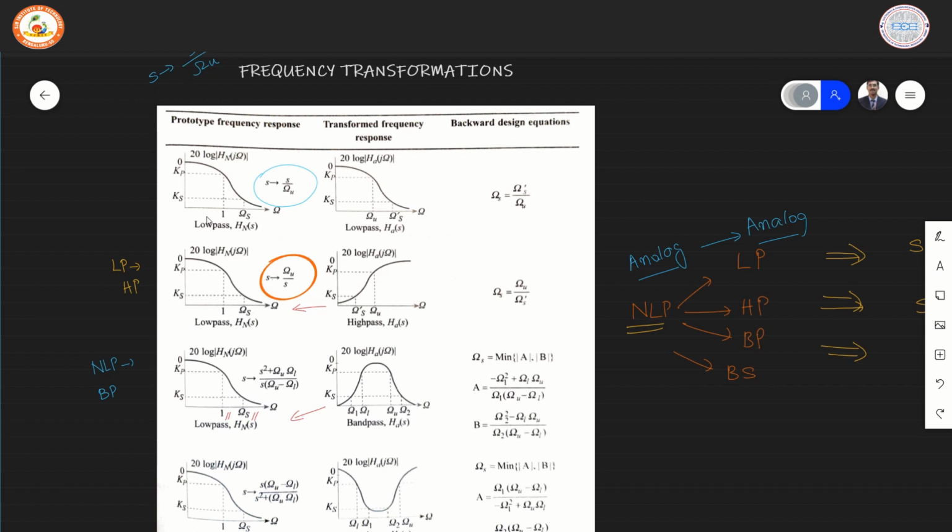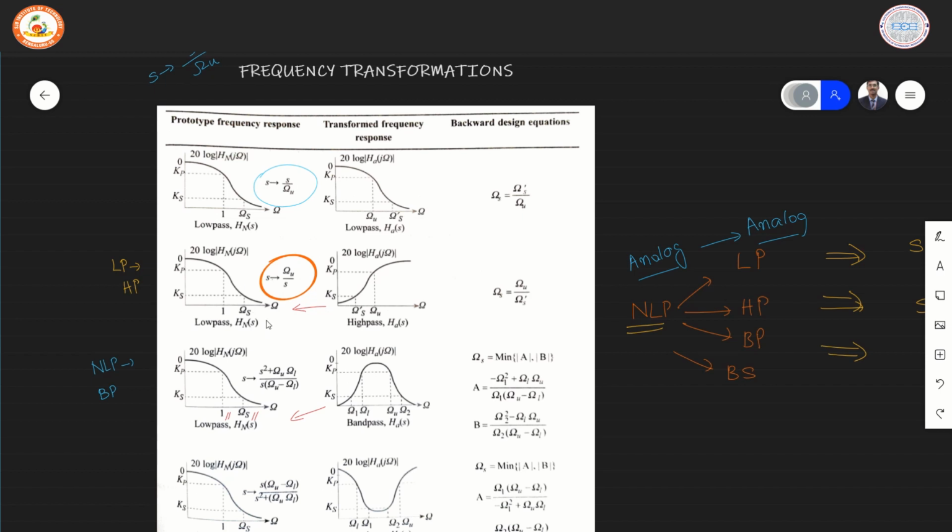Now converting this normalized prototype into the corresponding low pass, high pass, band pass and band stop can be achieved by using some simple conversion rules as illustrated in the diagram. This process is called frequency transformation, or frequency translation, or spectral transformation.